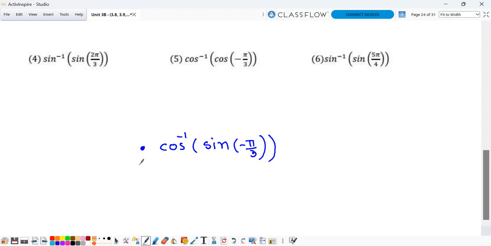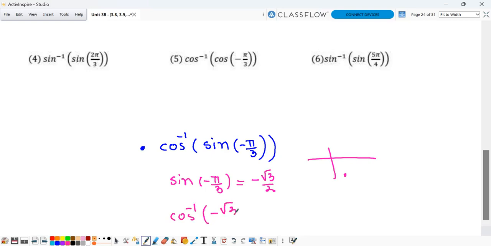What do you do here? Well, there is no shortcut. You have no way to match this. You have to do the long way, which is sine of negative pi over 3. Sine of negative pi over 3 is negative root 3 over 2. Then go back. Cosine inverse of negative root 3 over 2.